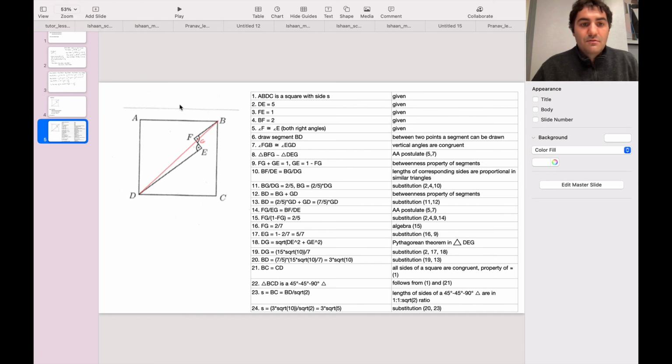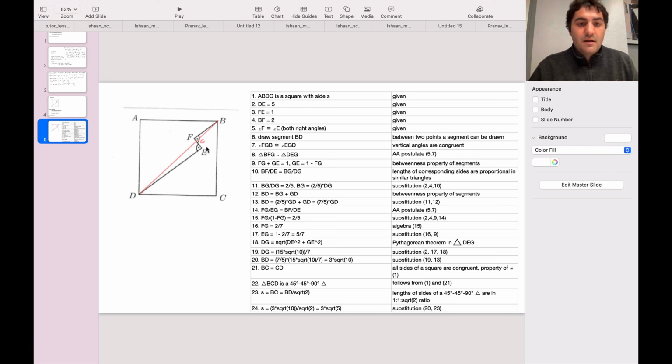So we know that all squares have four congruent sides, right? So by the definition of segment congruence, the length of DC equals the length of BC. And since we have a right angle at C, this is going to be a 45, 45, 90-degree triangle. And we know that the lengths of the sides of a 45, 45, 90-degree triangle are in a 1 to square root of 2 ratio.